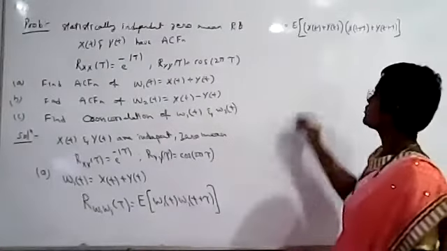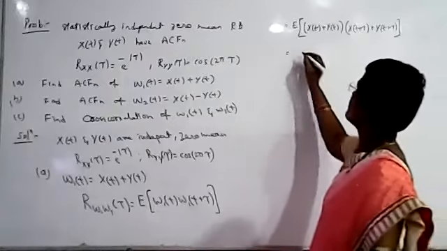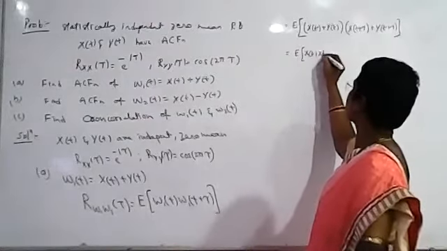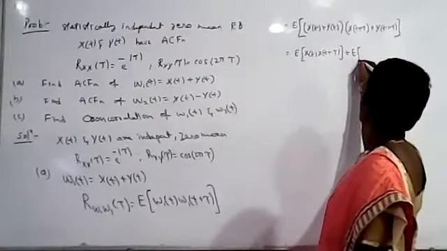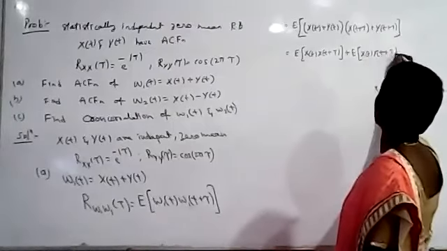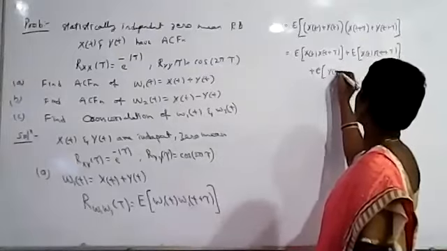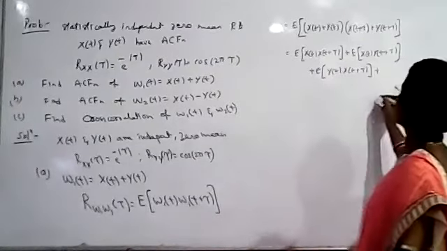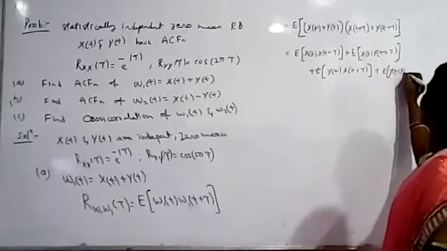Now multiply these two terms and apply expectation separately to each and every term. So it is given as the expected value of x of t, x of t plus tau, plus expected value of x of t, y of t plus tau, plus expected value of y of t, x of t plus tau, plus expected value of y of t, y of t plus tau.